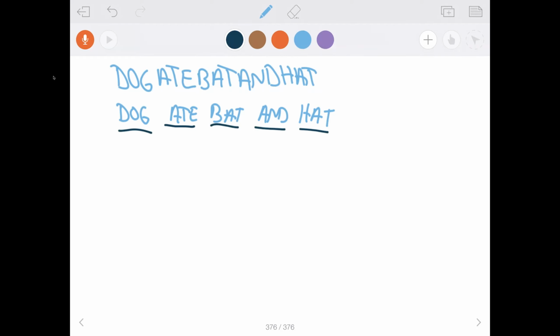So, all of these code for a very specific amino acid, but let's say a substitution mutation happens, and you end up with dog ate cat and hat.